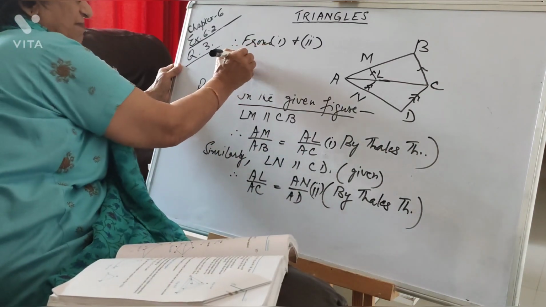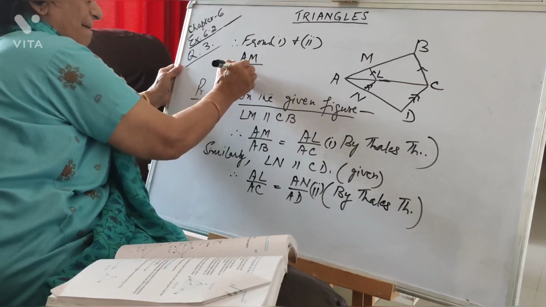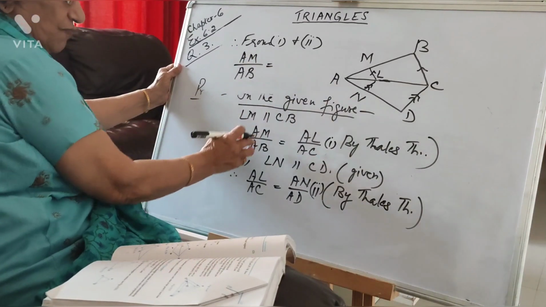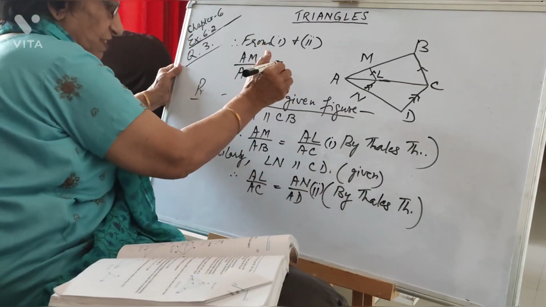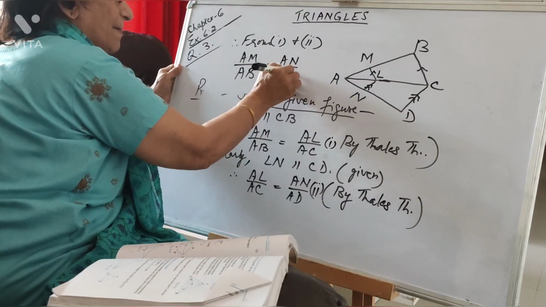So AM over AB is equal to AN over AD. Hence proved.